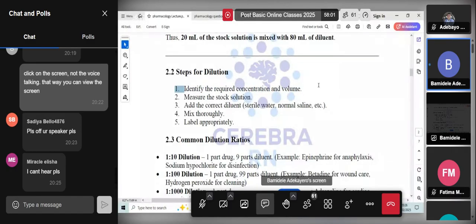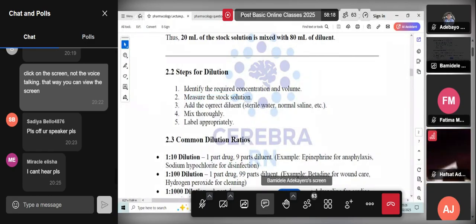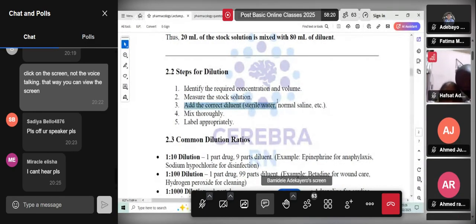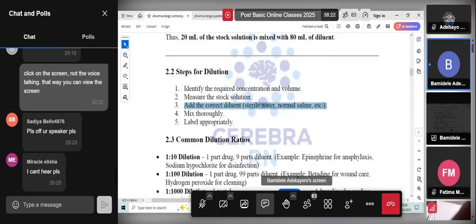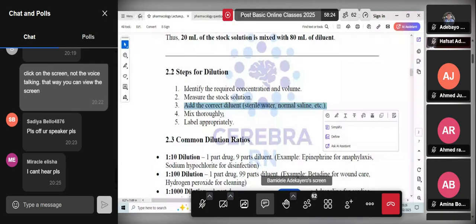So you need to identify the required concentration first and the volume. Then you measure the stock solution. You know how much is in the vial or in the bag, or how much comes from the manufacturer's package. Then you add the correct diluent. That means either sterile water or normal saline, and you mix it thoroughly.